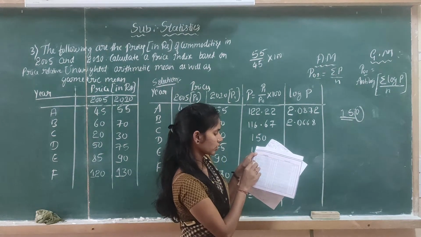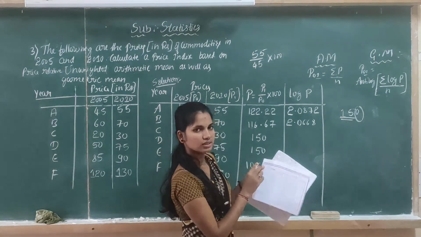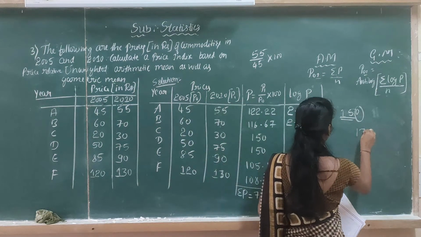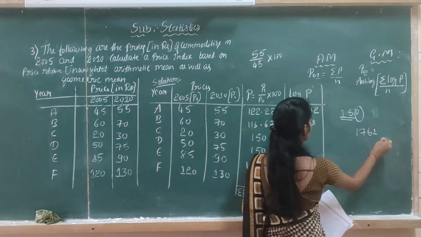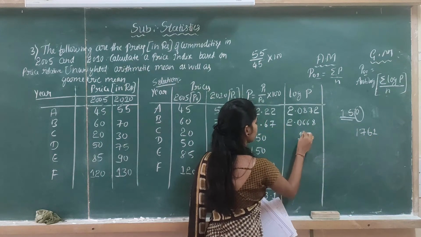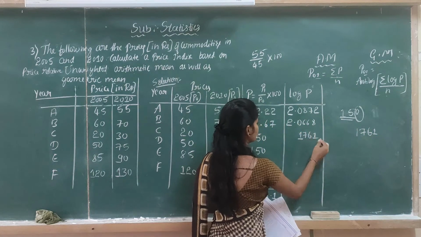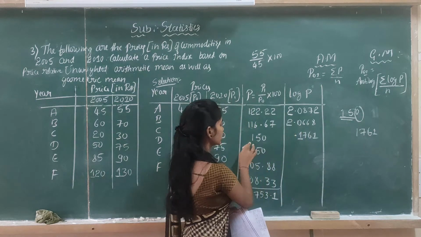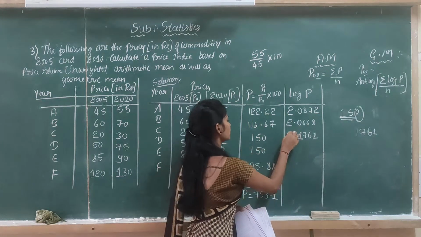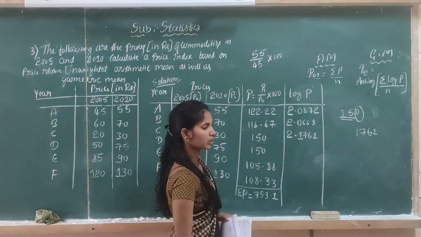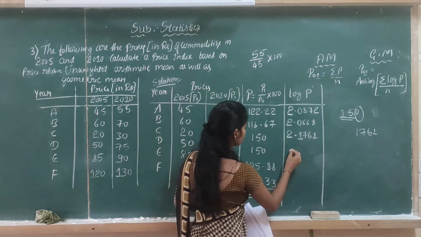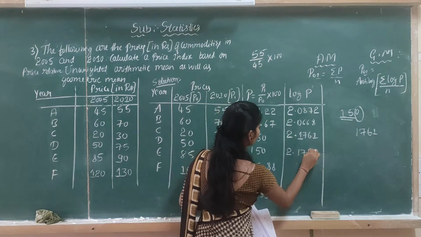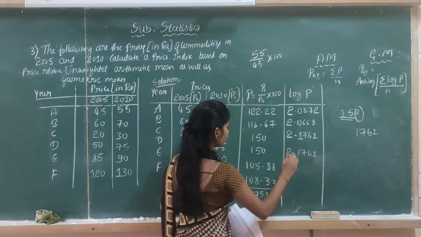In the 15th row, zeros column is 1761. Put the point here, and here 3 digits are there, so cancel 1 digit and the remaining is 2. So for 150, the log value is 2.1761.